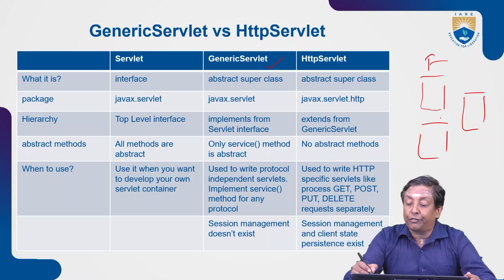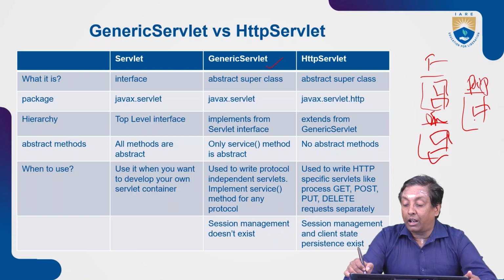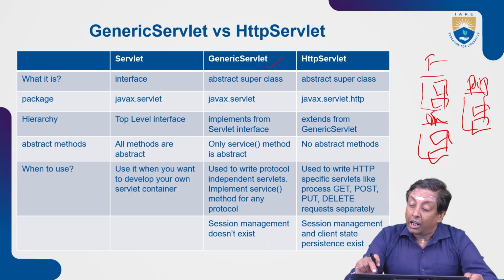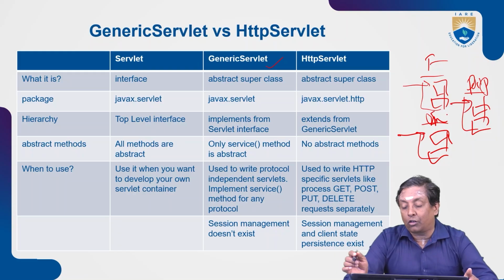Suppose in these FTP, SMTP, POP3 and various other servers, a Servlet container and JSP container were placed built in. Then when you access the FTP server, you have to access the Servlet with the FTP protocol, SMTP with the SMTP protocol, POP3 with the POP3 protocol.